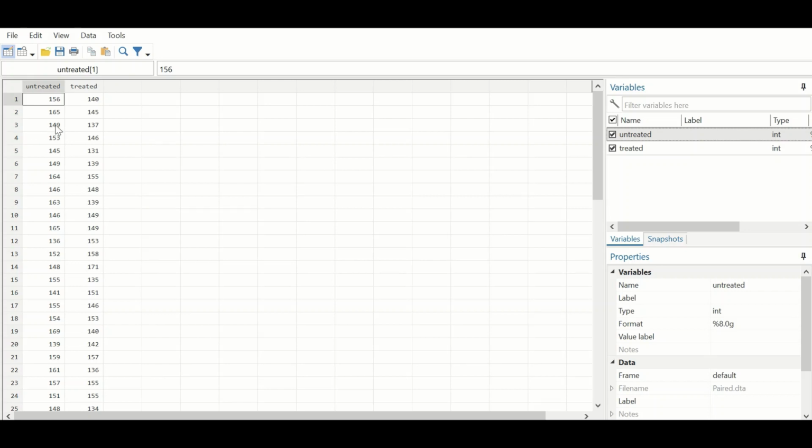So participants have been recruited with high blood pressure, and their blood pressure was measured untreated, and then the drug was administered and the systolic blood pressure was measured post-treatment. So we have two conditions, pre-treatment and post-treatment, and in both cases the systolic blood pressure is measured.